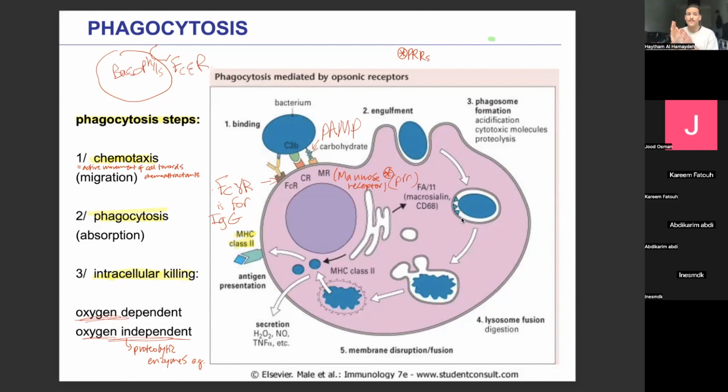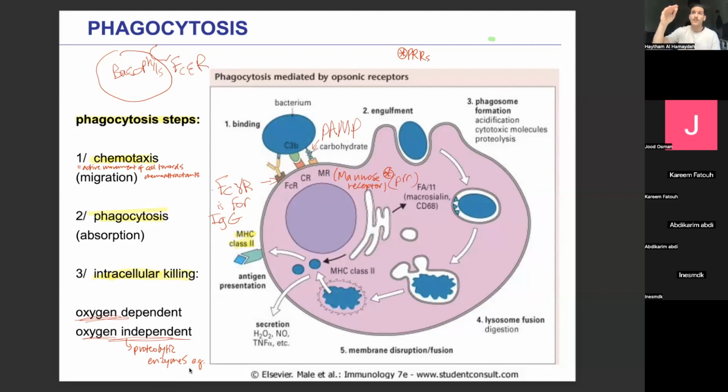And so oxygen dependent or oxygen independent just refers to the substances used to break down that bacteria within the phagosome, okay? It can be oxygen dependent by ROS species, or it can be oxygen independent, such as proteolytic enzymes, for example, okay? Okay, phagocytosis, easy.